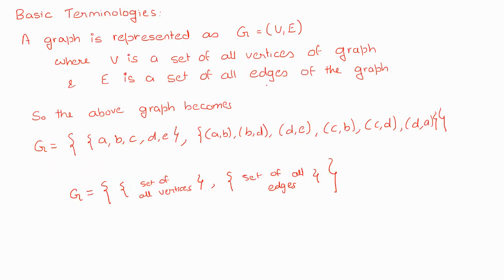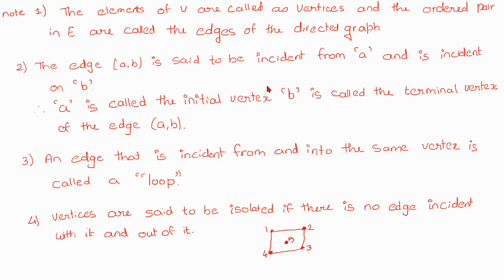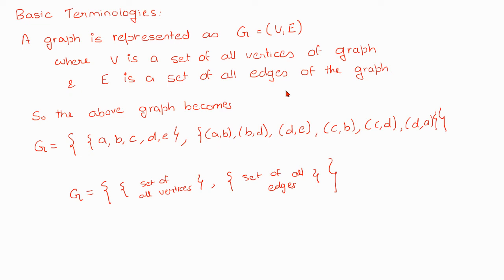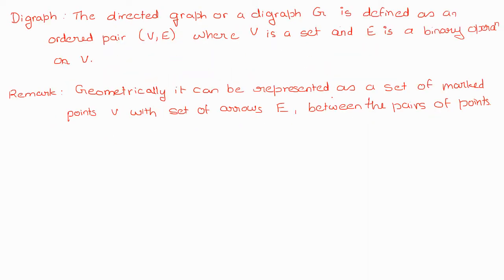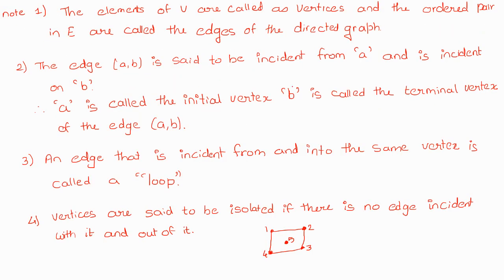Therefore, A is called the initial vertex and B is called the terminal vertex. So, in any edge, the vertex from which it is incident is called the initial vertex, and the vertex on which it is incident is called the terminal vertex.